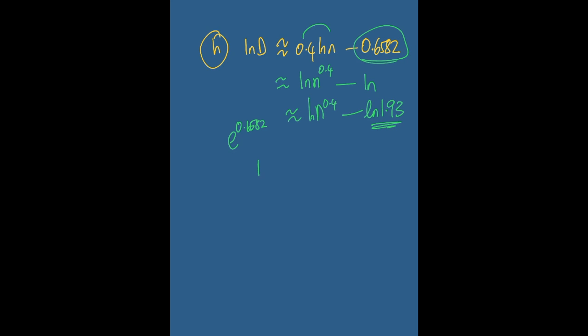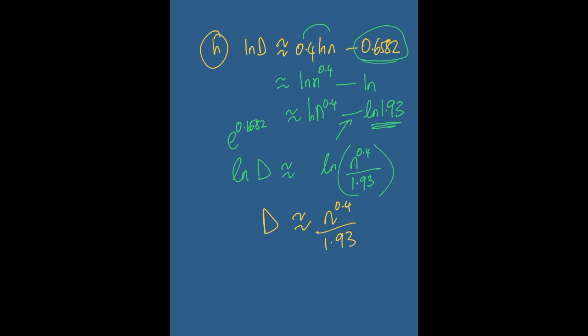So D is approximately equal to, and now we're going to use the log laws here, natural log of n to the power of 0.4 over 1.93. Sorry, that's the natural log there. So final answer, D is approximately equal to this.